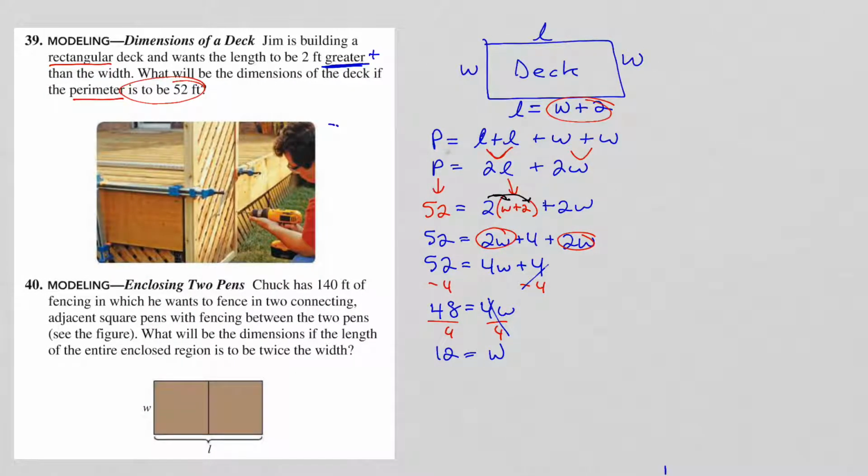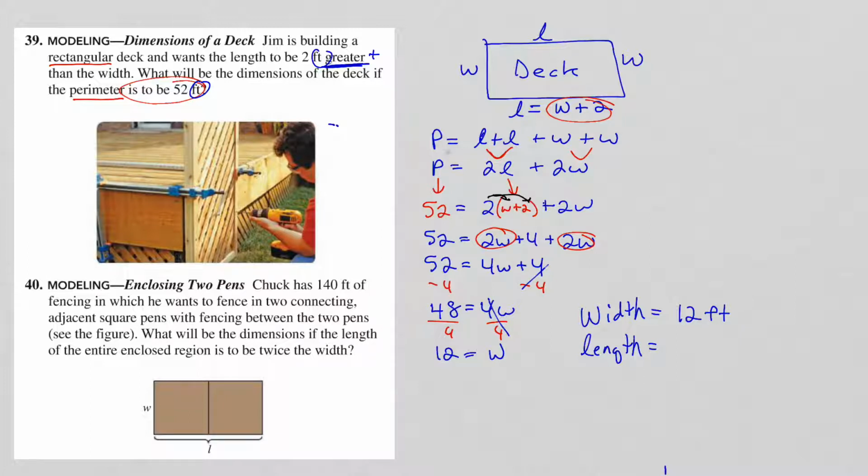So we can say, hey, I just found the width, and we're going to need to find the length as well. So the width is going to be 12 what? Well, we've been using feet the whole time, so this is 12 feet.